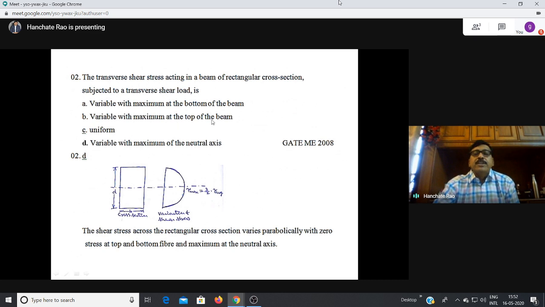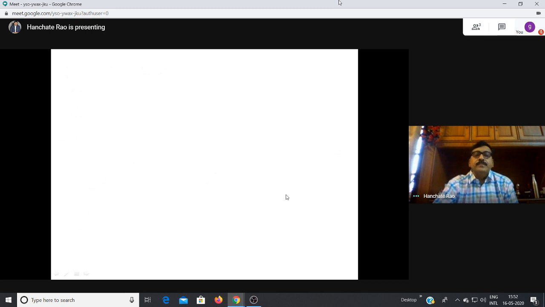Variable with maximum at the top of the beam is also wrong, because at the top of the beam also the shear stress is 0. Uniform? No, it is not correct. The shear stress distribution is not uniform. Variable with maximum at the neutral axis. Correct. Maximum at the neutral axis. And we know tau max is equal to 3 by 2 times tau average.